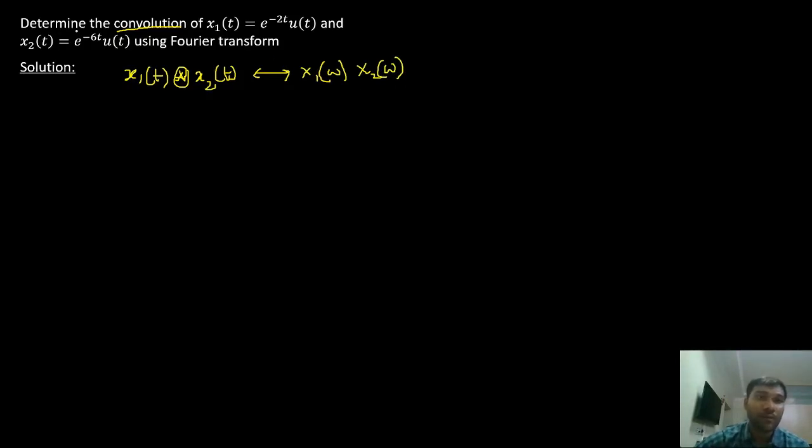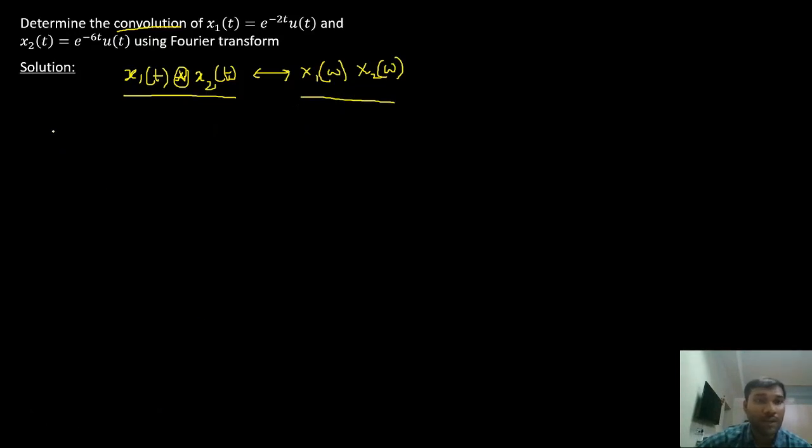So what do we have to find in this question? We have to determine the convolution of x1 of t and x2 of t. So how can we find this? We can multiply the individual Fourier transforms and find the inverse of the final Fourier transform.